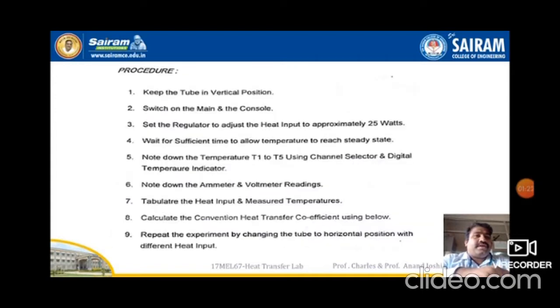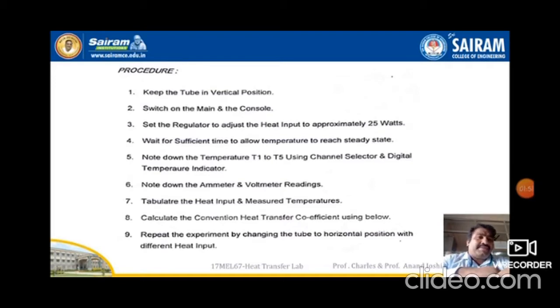The procedure for conducting this experiment is to keep the tube in vertical position initially, switch on the mains and console, and set the regulator to adjust the heat input to approximately 25 watts. Wait for sufficient time to allow the temperature to reach steady state, and note down the temperature readings T1 to T5 using the channel selector and digital thermometer reading.